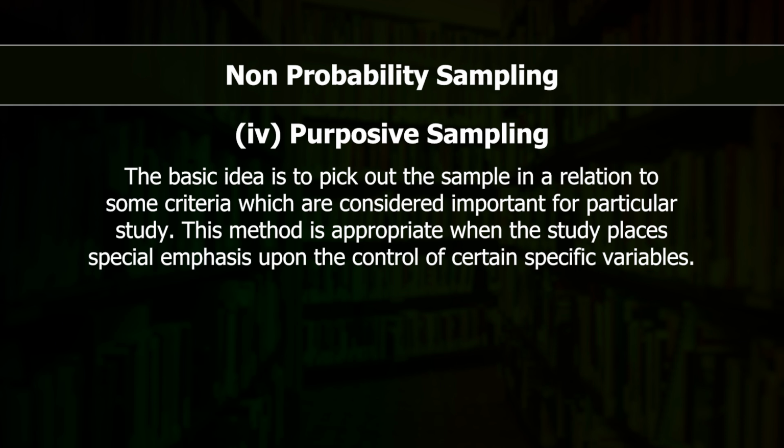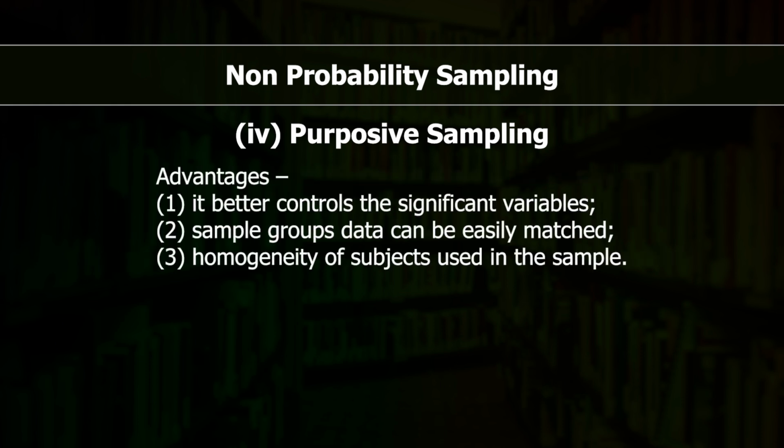This method is appropriate when the study places special emphasis upon the control of certain specific variables. There are some advantages, that is, it better controls the significant variables. The sample group's data can be easily matched, and third, homogeneity of subjects used in the sample.